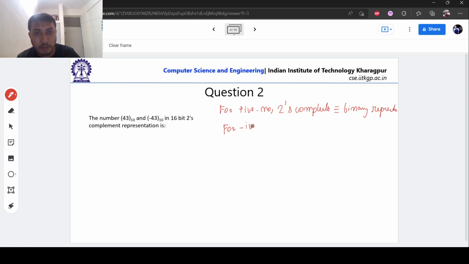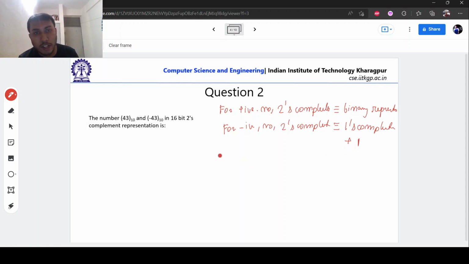For a negative number, 2's complement is equivalent to 1's complement plus 1.